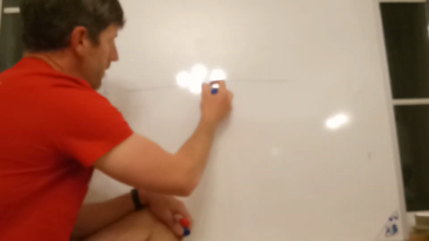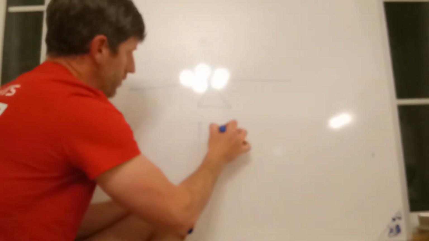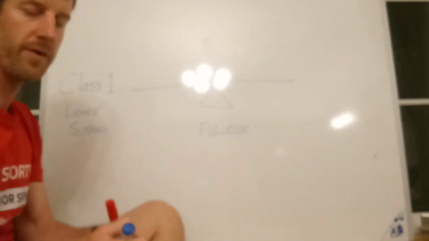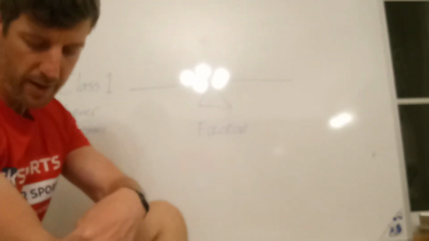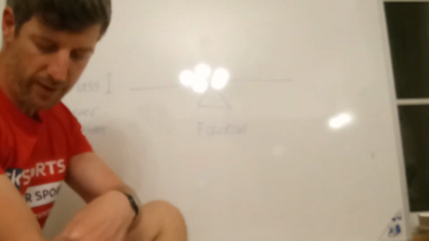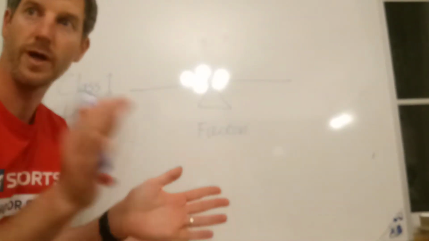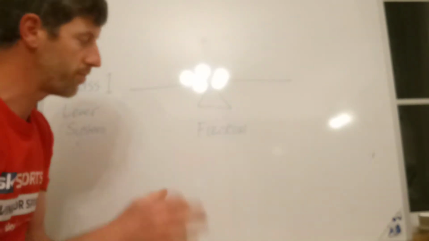The fulcrum will go in the middle. A fulcrum is a pivot point. In the joint, the fulcrum will be the axis of rotation around that joint. Like a hinge on a door, the hinge itself is the fulcrum. So it's the pivot point.